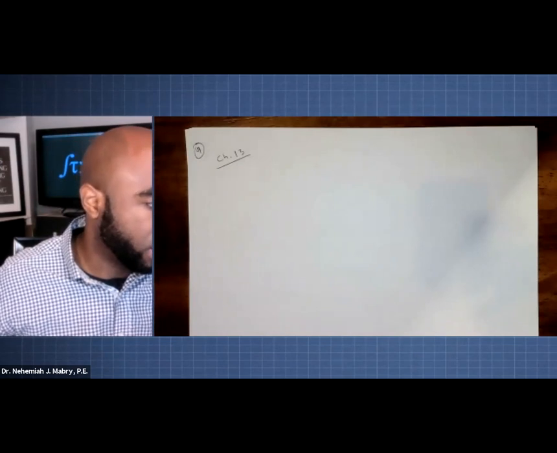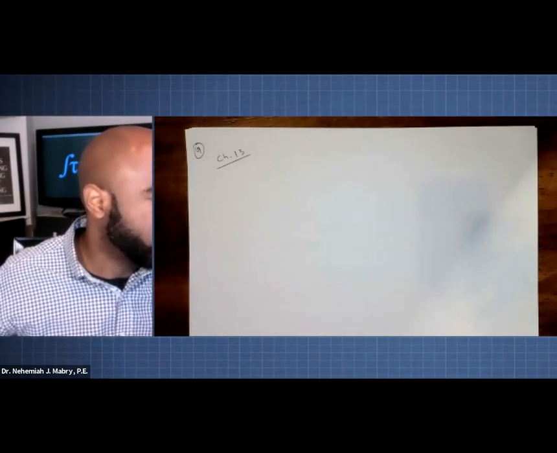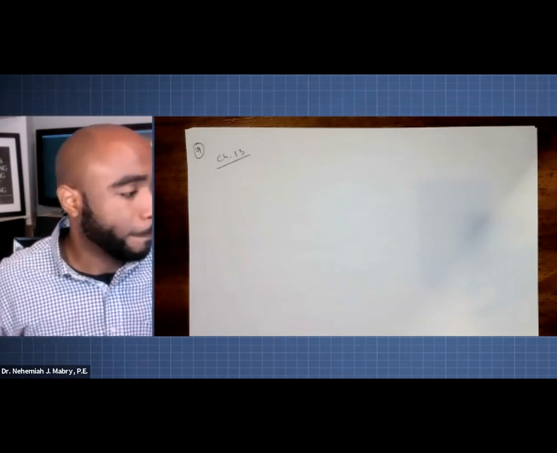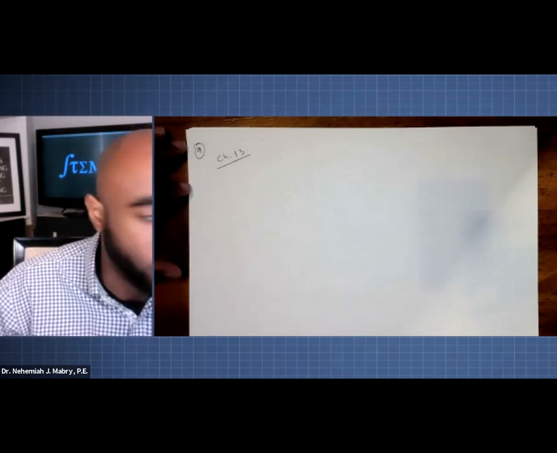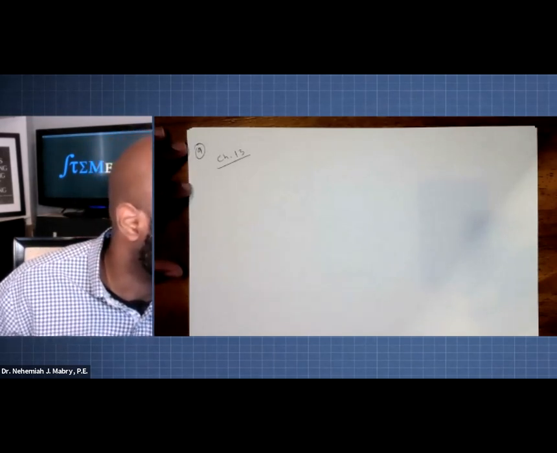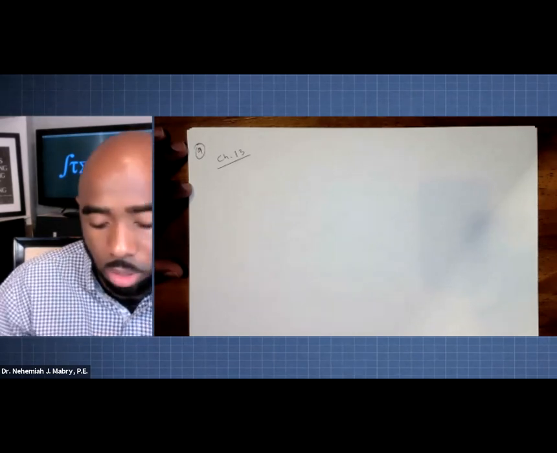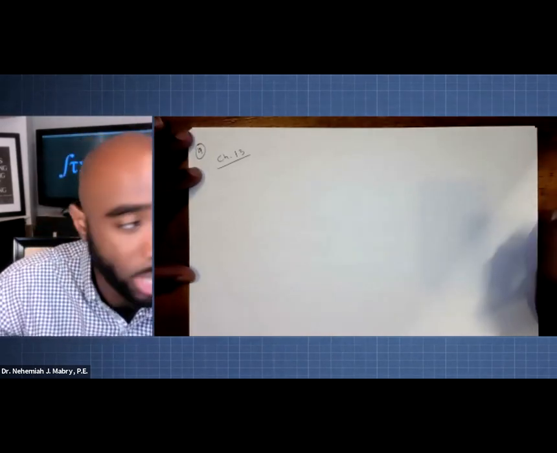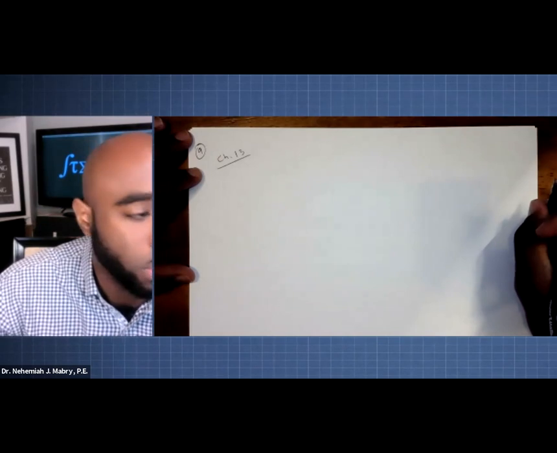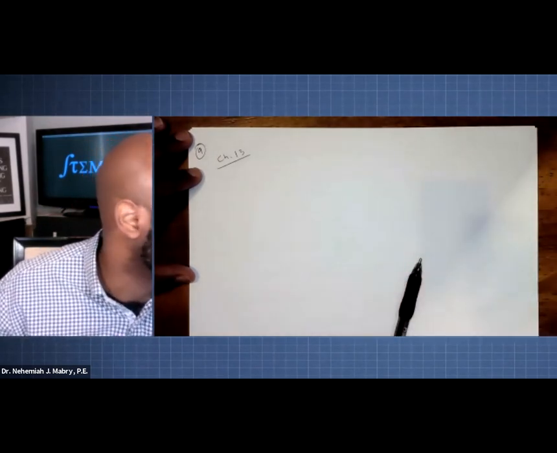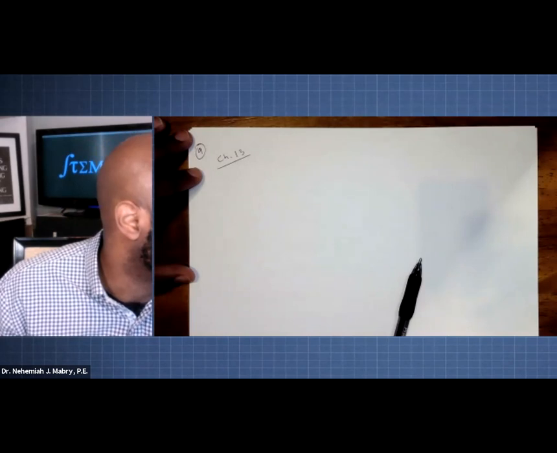Just to put that in a nutshell for you, you're going to need to be able to determine what is the buckling load, right?